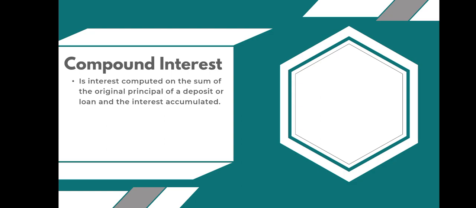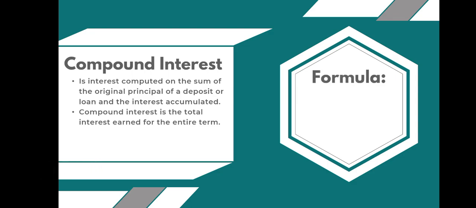So, meron siyang number of, for a long term na mga financial transaction, no? So, compound interest is the total interest earned for the entire term. So, meron din formula itong si compound interest.